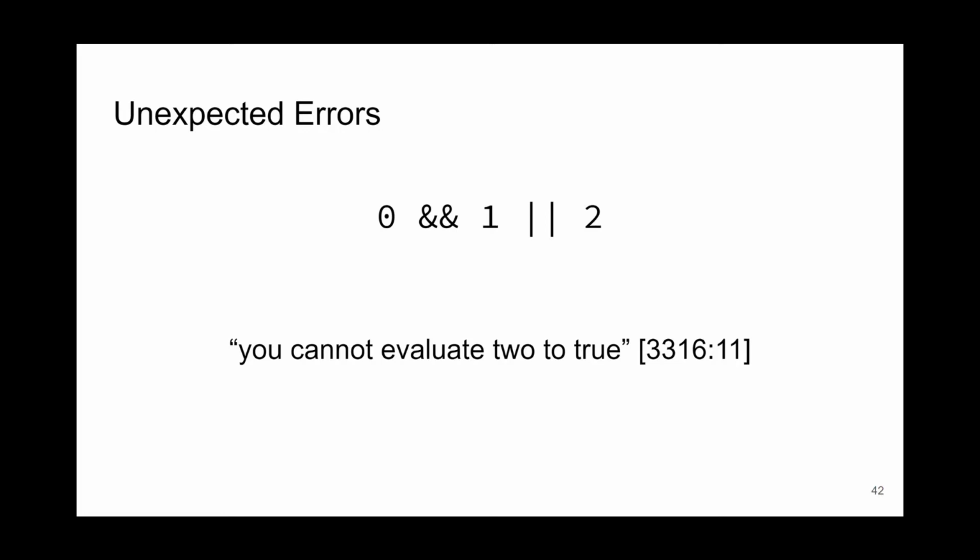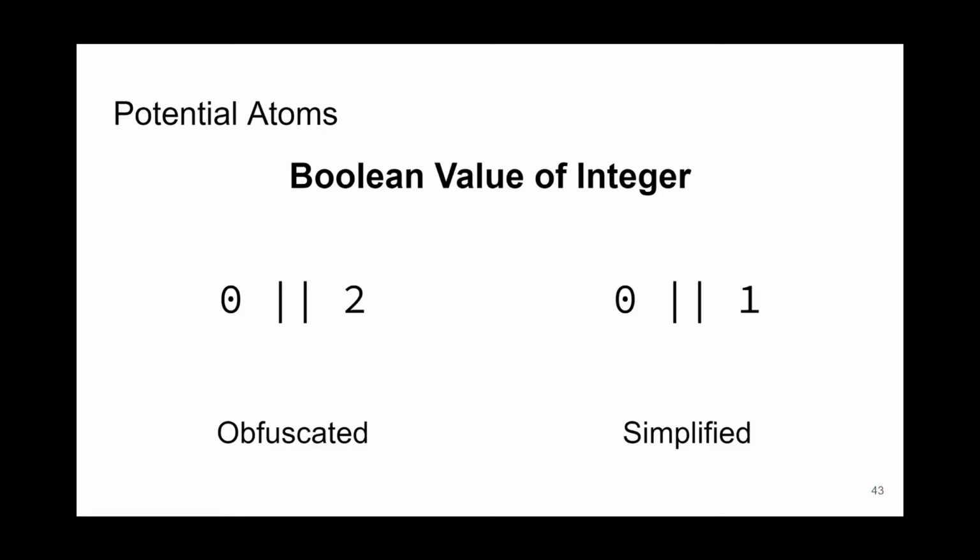Now, the upshot of this observation is that we can actually define from this a new atom of confusion. We could call this atom of confusion Boolean value of integer, and we could isolate it into its own experiment, and we could test whether or not subjects would confuse something as simple as a single OR expression just based on do they know that 2 can be true.